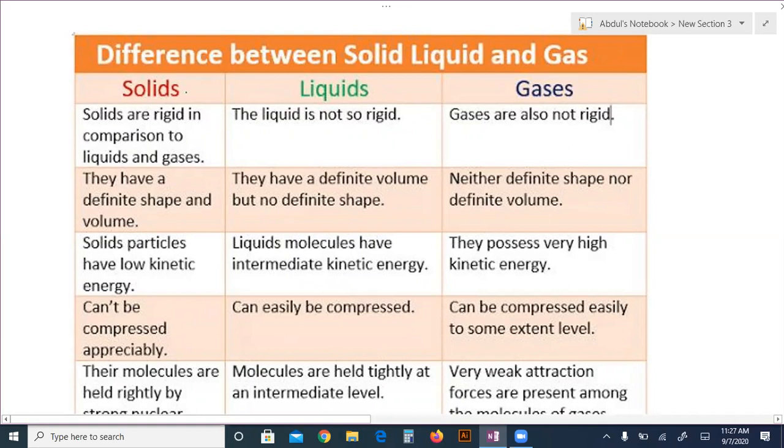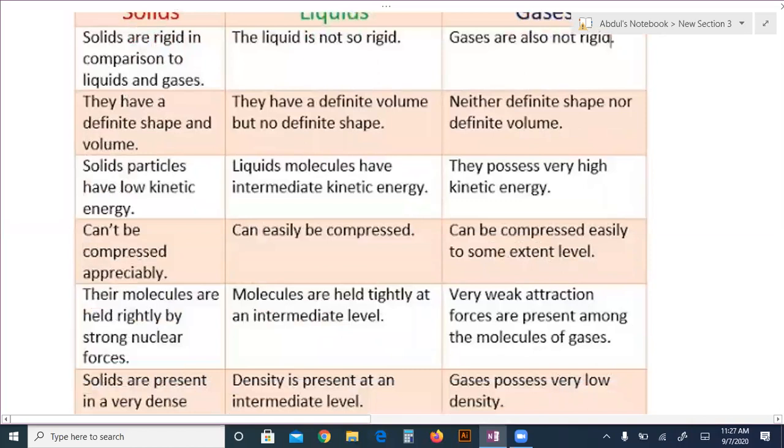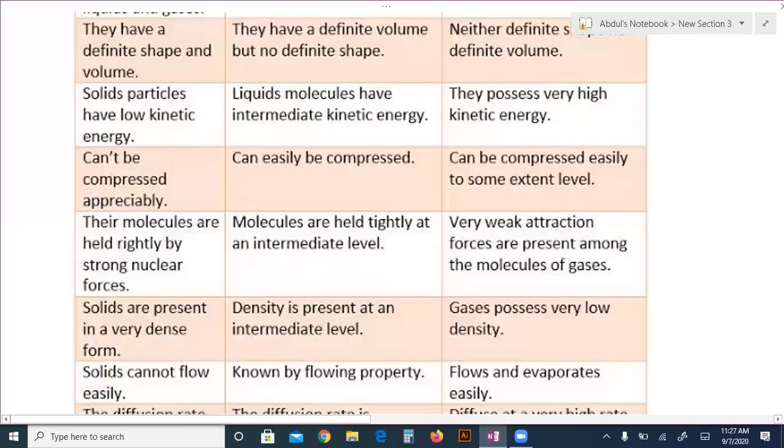Gases have neither definite shape nor definite volume. Solid particles have low kinetic energy. Liquid molecules have intermediate kinetic energy, and gas molecules possess very high kinetic energy. Next, solids cannot be compressed appreciably, liquids can be compressed to some extent, and gases can easily be compressed. And their molecules are held rigid by the strong nuclear forces.